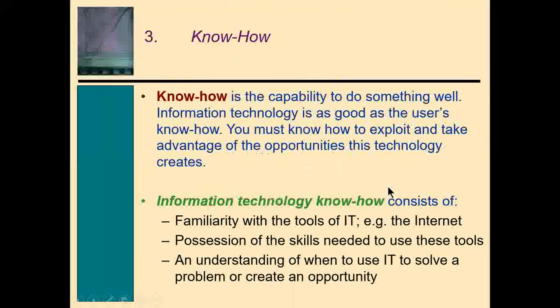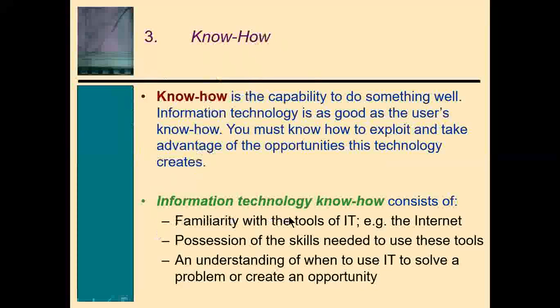Imagine someone has a computer, and on the computer you can calculate big numbers very fast, and you don't know how to use it. You have it in your office, but every time you calculate on paper, that machine becomes useless. But if you know how to use the computer, the work becomes very, very easy. That's why you have to have the know-how.